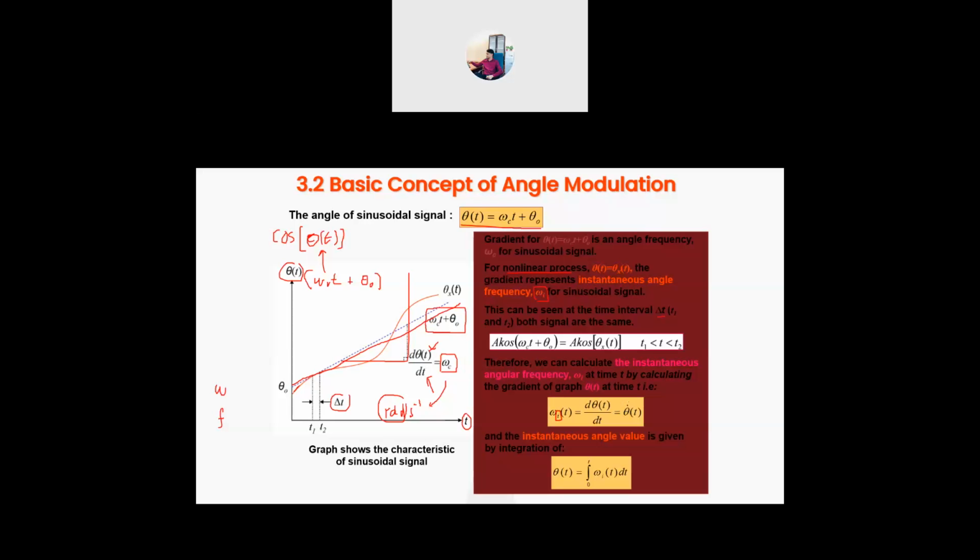Then if you want to write it in a different form, you have this one, to show that it is an instantaneous angular frequency.